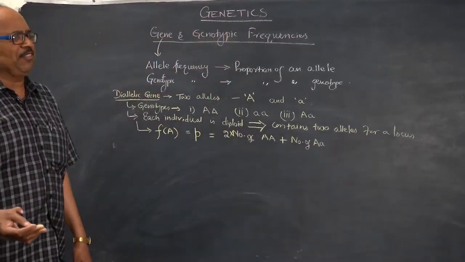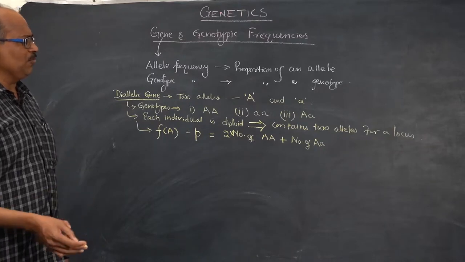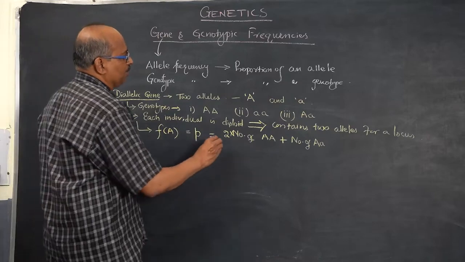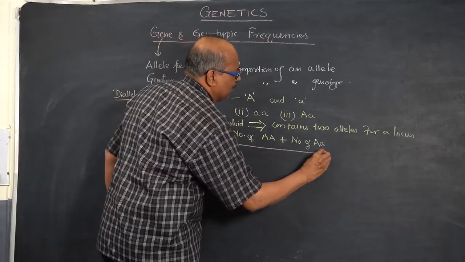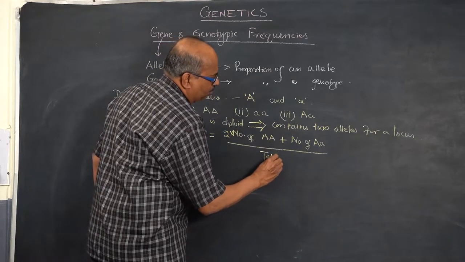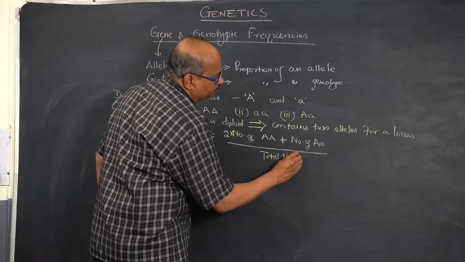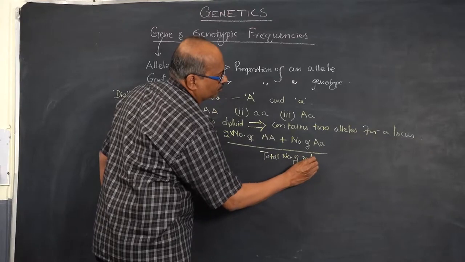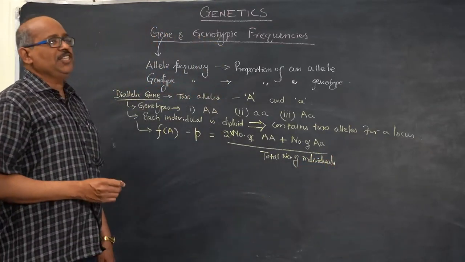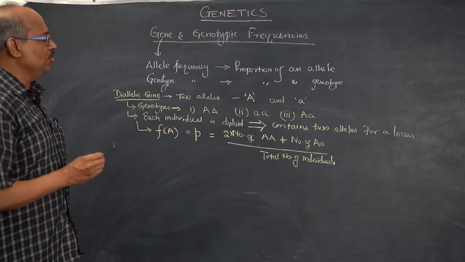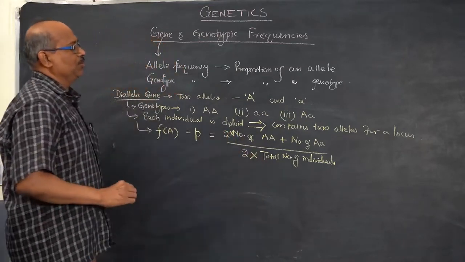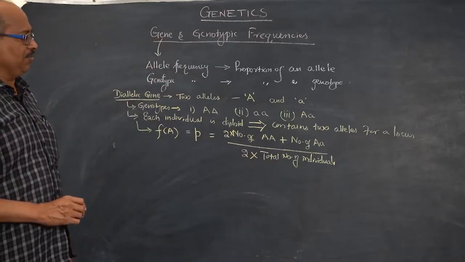Here we have to multiply with 1 because there is only one capital A. We avoid that. We simply say number of capital A small a individuals divided by total number of individuals. Again, each individual has 2 alleles, so it is 2 times the total number of individuals.